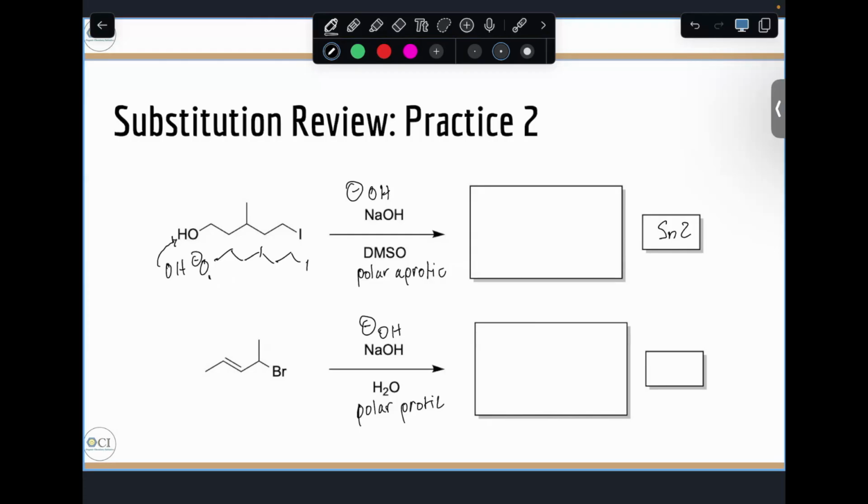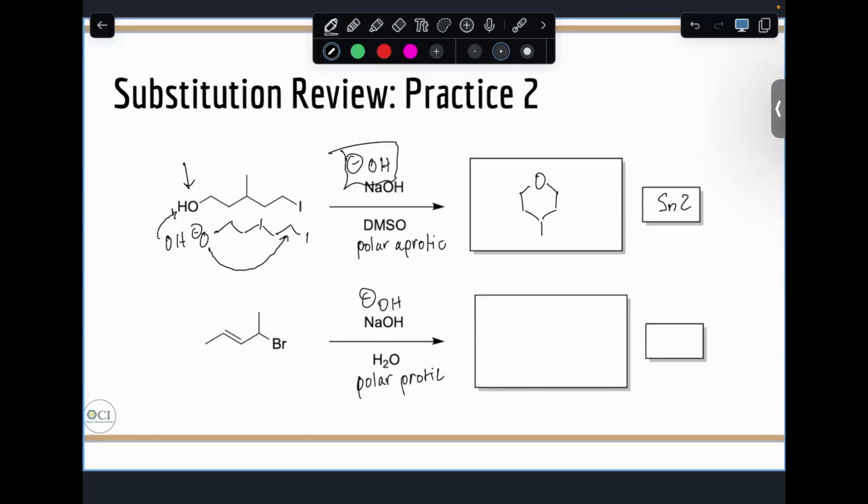And then this could be used as a nucleophile as well to form this ring structure. Does that make sense? Do we understand that? Because OH is a good base, so it can deprotonate this OH.